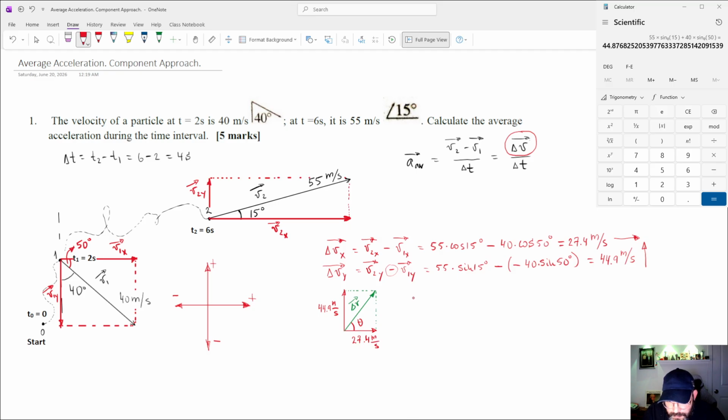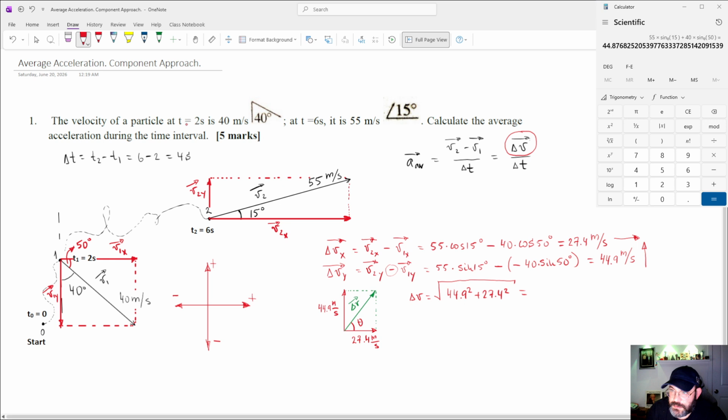Okay, so we can calculate delta V as the square root of 44.9 squared plus 27.4 squared.